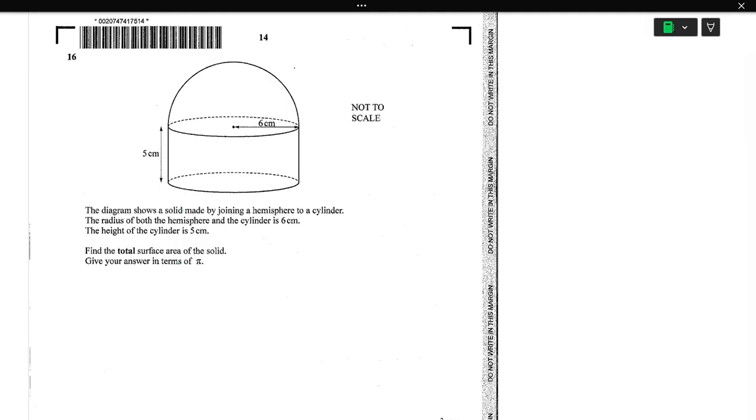First we need to calculate the surface area of the hemisphere plus the surface area of the cylinder.